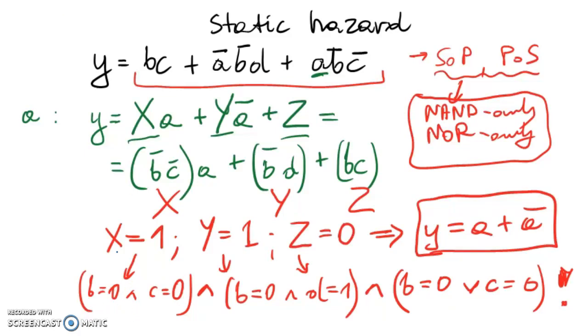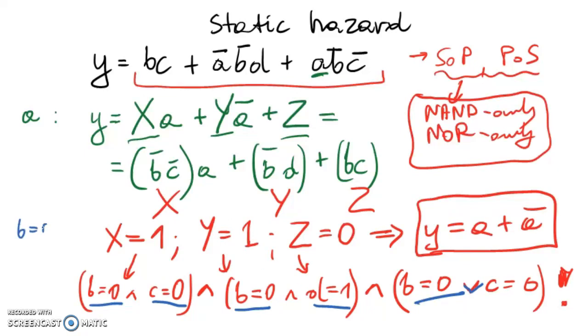From the first, B must be 0, and this is the same here. This is satisfied because it is ORed. So the first is B0. The second is C0 and D1. Okay, can be satisfied at the same time.